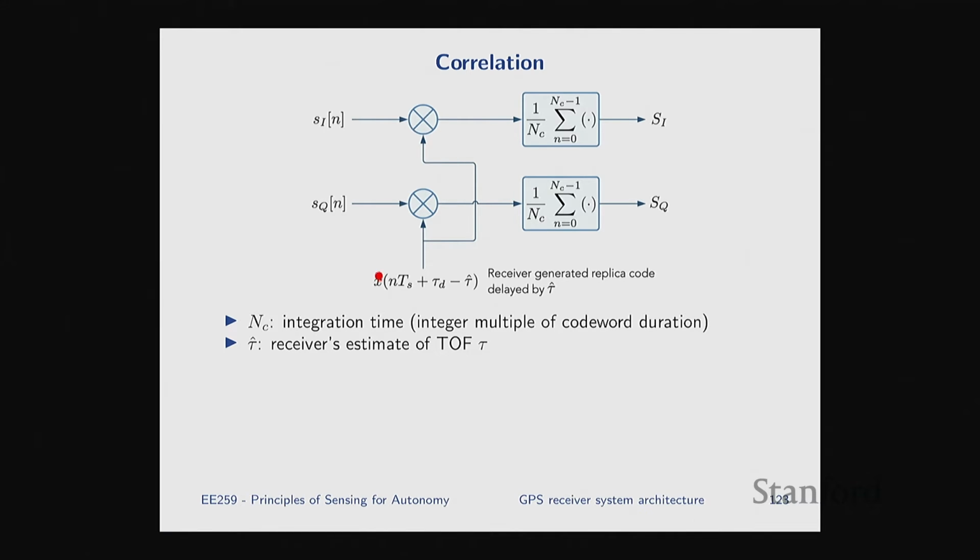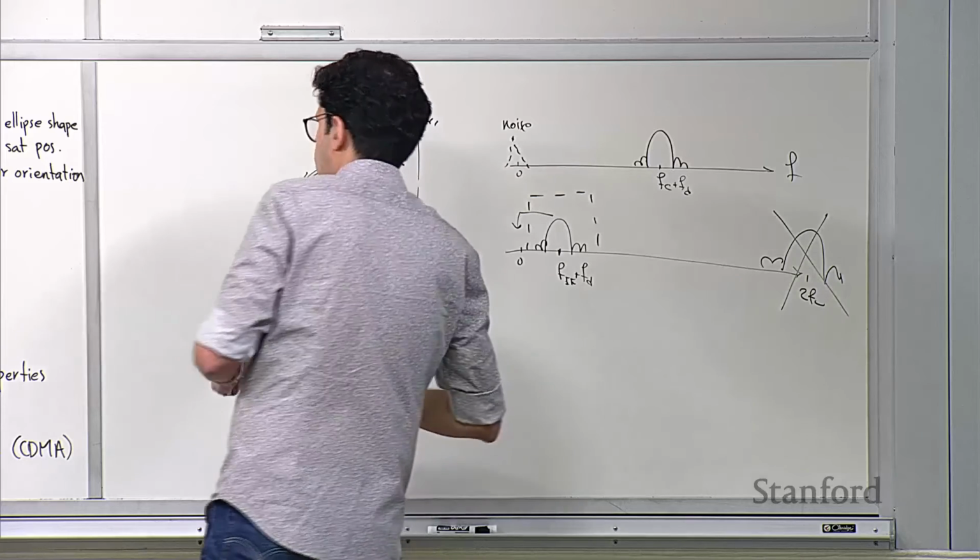So it generates an x of nTs plus tau d, this is the time delay, plus tau hat, which is the receiver's estimate of the time of flight. And then it looks at the correlation just at the 0 index, right? And if this tau hat is correct, then the peak would happen at 0. Does this make sense?